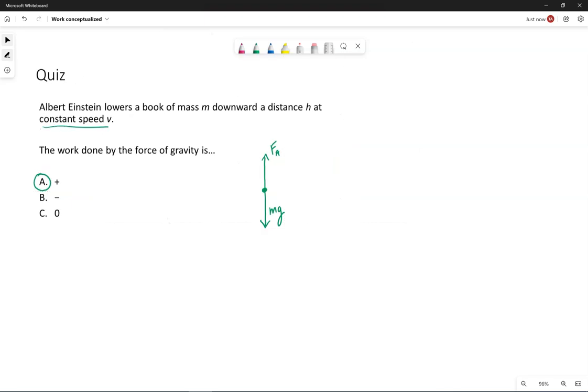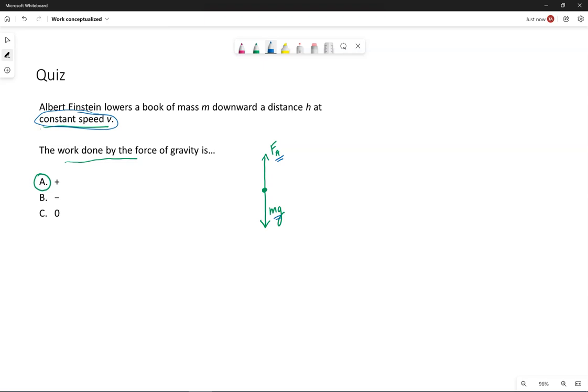It does tell us that this book is moving downward at a constant speed. So this question is specifically asking us the work done by the force of gravity. So work. Albert's force has to equal the force of gravity in order for this speed to stay constant.